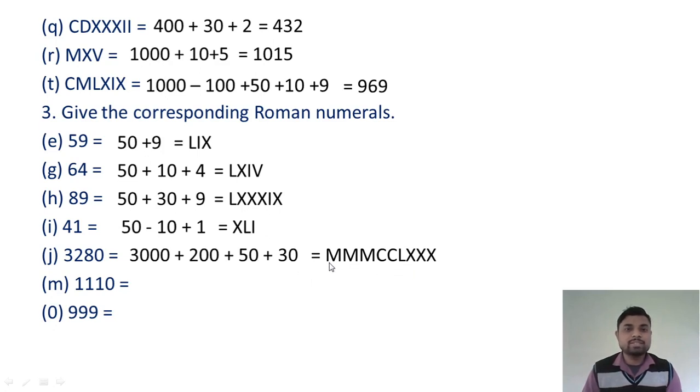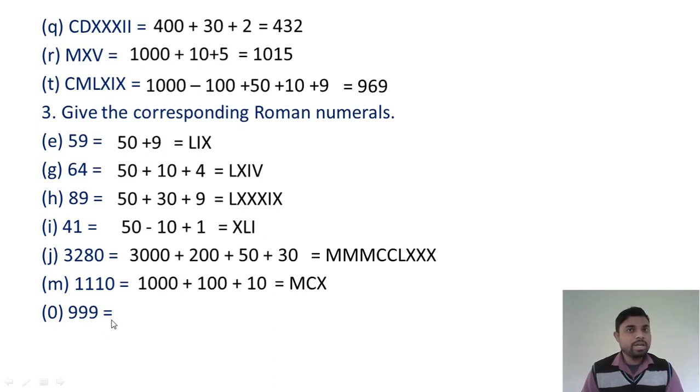Actually, it looks so large, but it is very easy. Okay. Next, 1110. So first separate in this way: 1000 plus 100 plus 10. 1000 is M, 100 is C, 10 is X, MCX. Okay.